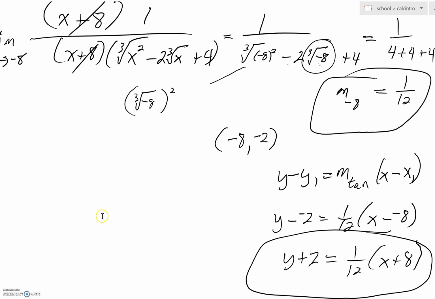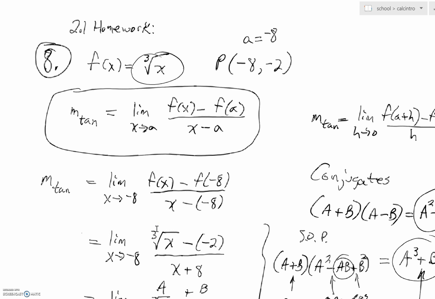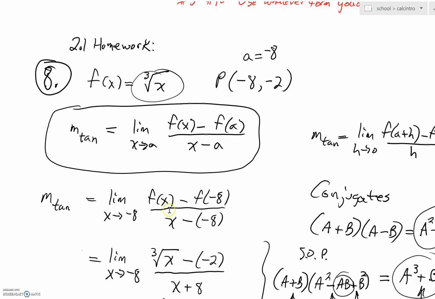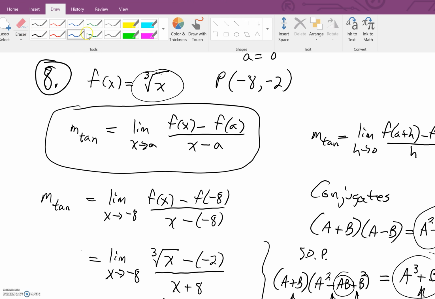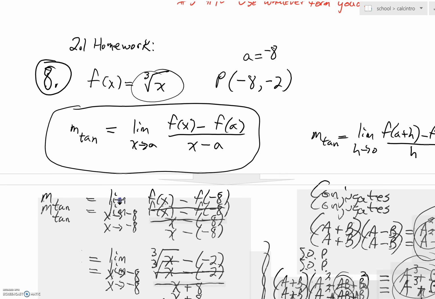So what you're going to be doing for your homework tonight, and I'm going to do this problem with you right now, is we're going to revisit this problem, but we're going to do the part A aspect of it. I'm going to just put in a little bit of space down here.